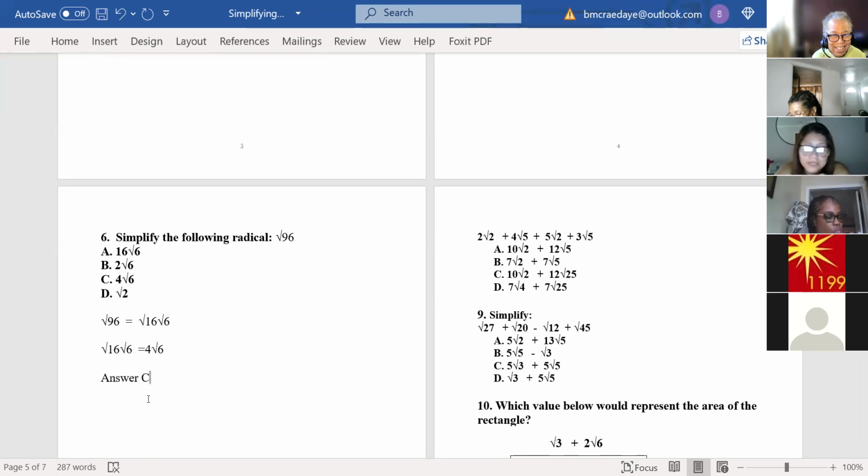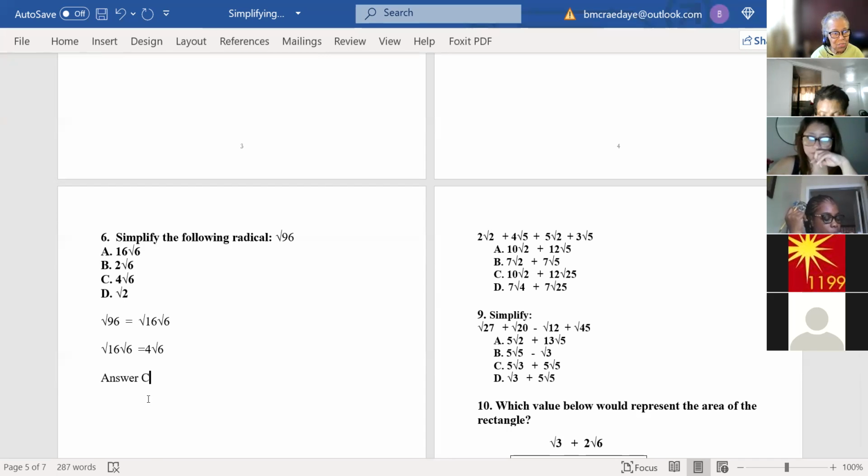It's a little bit complicated, but I'm just following the same rules as the previous radical. One thing, it helps you to learn the perfect square roots. So you look for the perfect square root factor, and that gives you fewer steps to solve it.